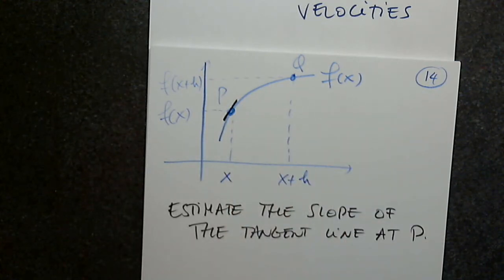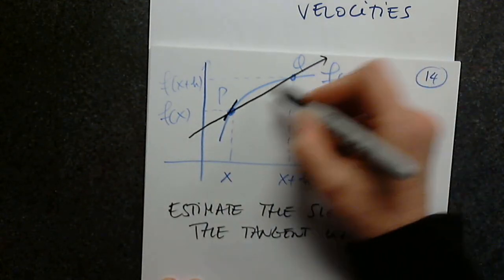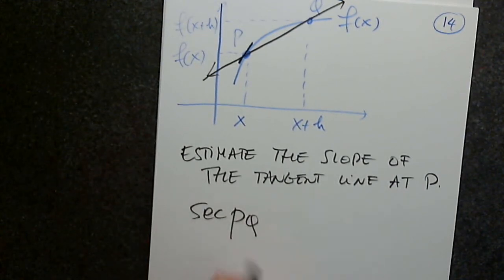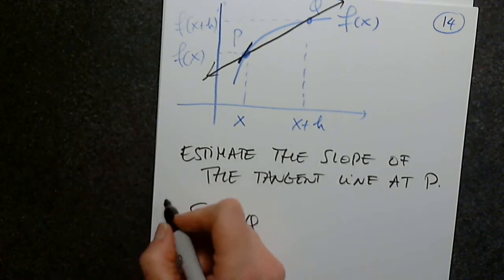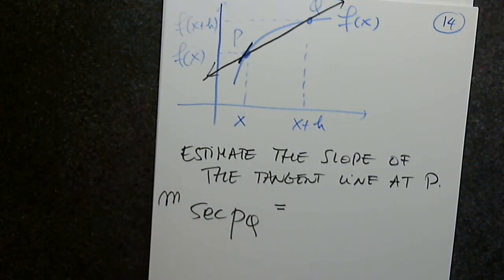From algebra, I know that I have to be given two ordered pairs to determine the slope of a line. But I only have one point, P. So we're going to draw the secant line PQ.